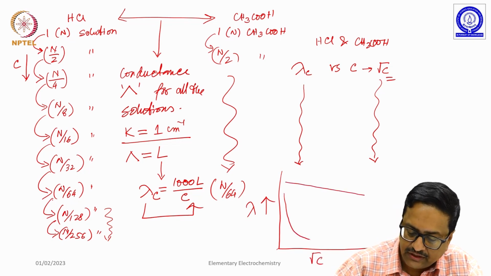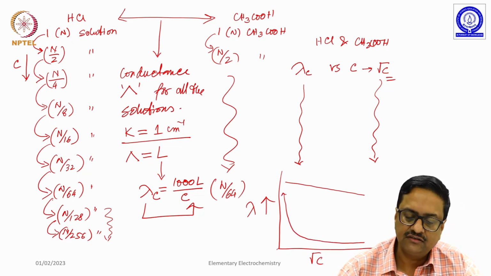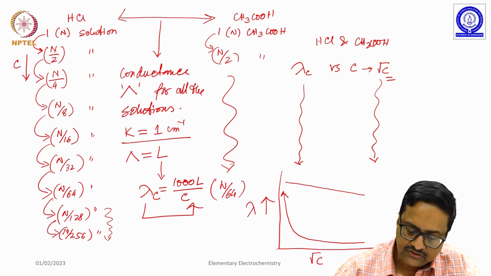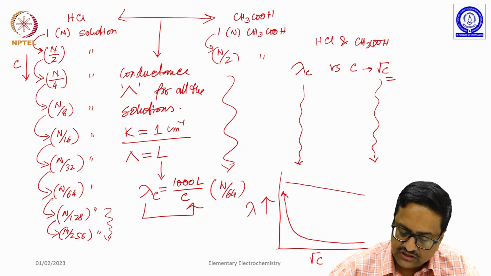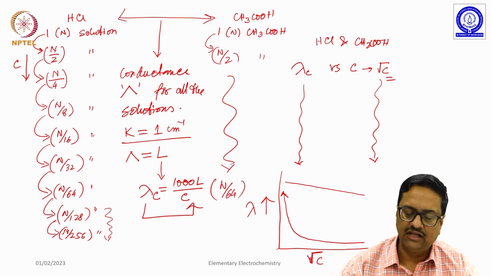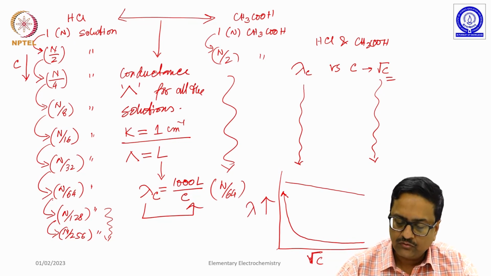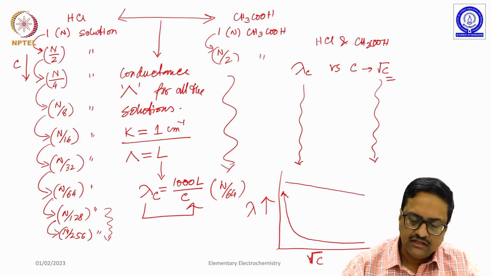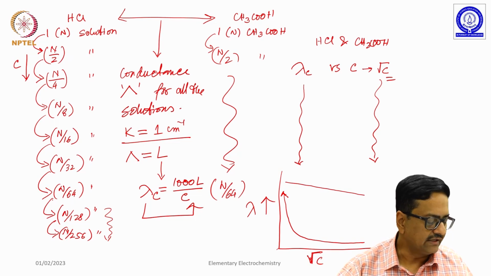This experiment is called the validation of Ostwald dilution law, and this is one of the very important experiments in electrochemistry to determine the nature or behavior of strong and weak electrolytes. By doing this experiment, one can identify whether an electrolyte should be considered a strong electrolyte or a weak electrolyte.